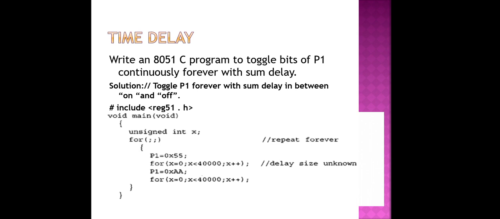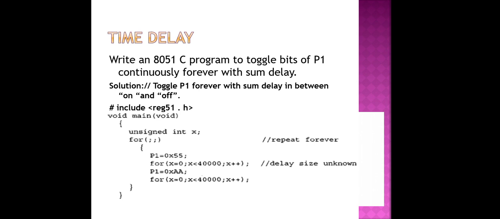#include <reg51.h>, void main(void), opening curly bracket, unsigned int x. A double forever loop is used in this program because there are two conditions, and the time delays are separately used here.